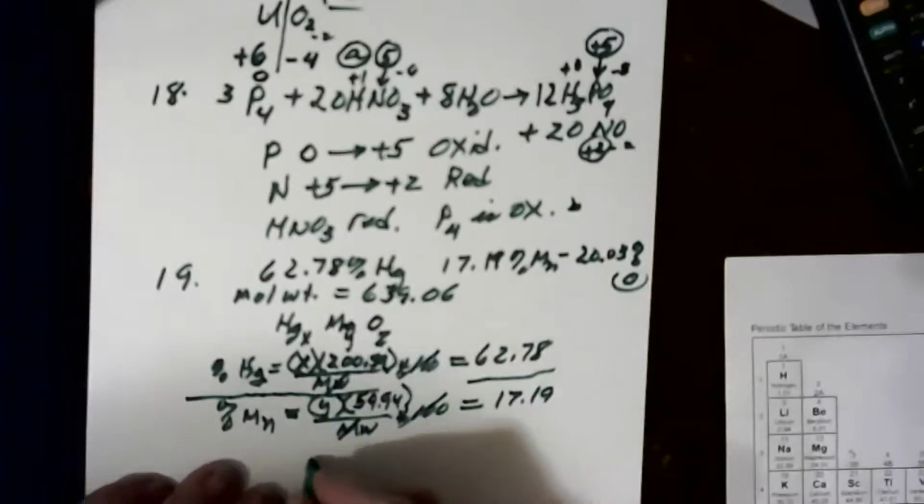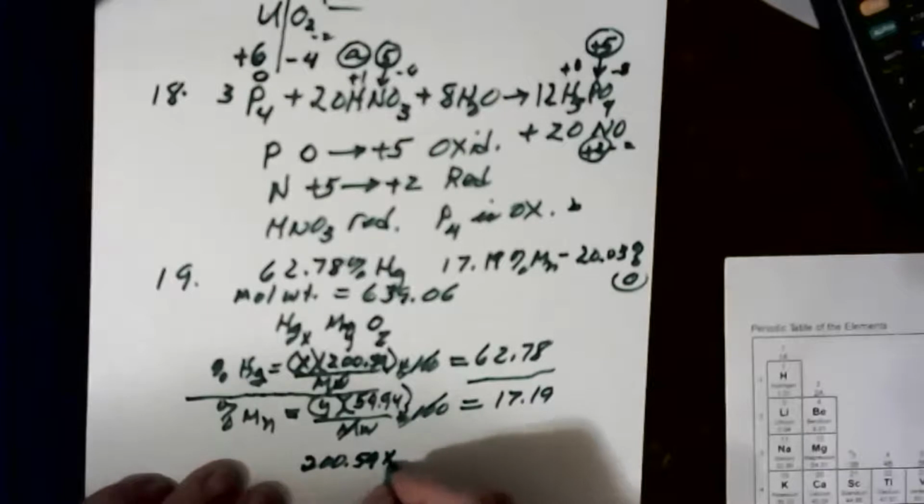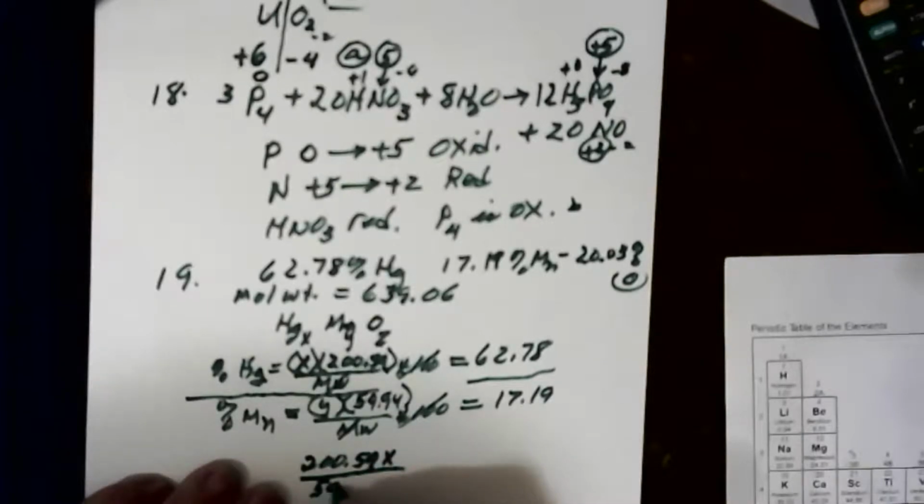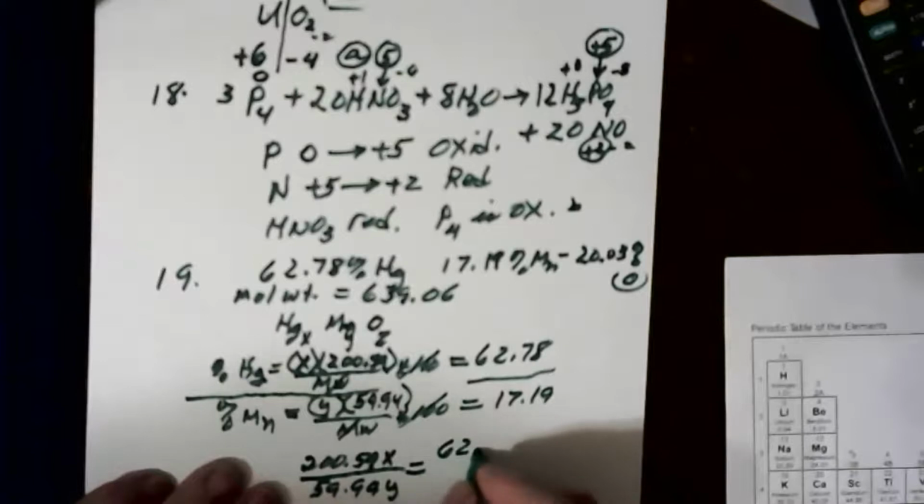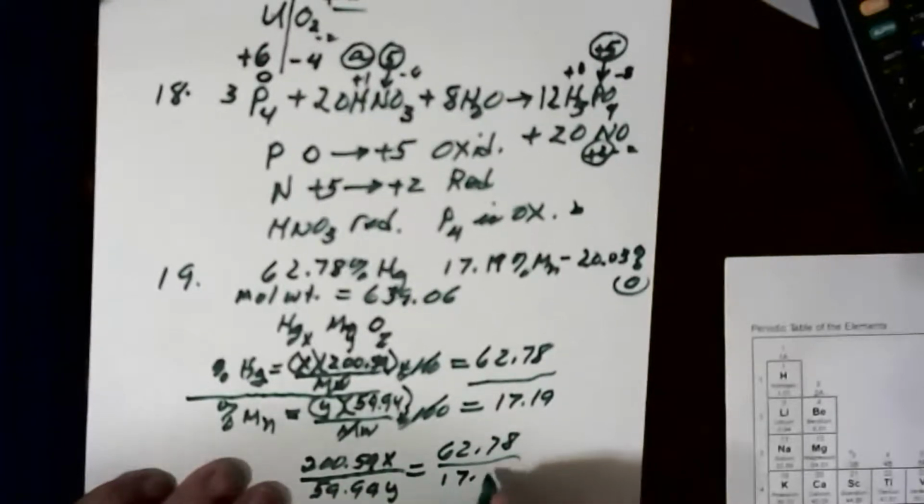What I've got is 200.59 times x divided by 59.94 y is equal to 62.78 divided by 17.19.